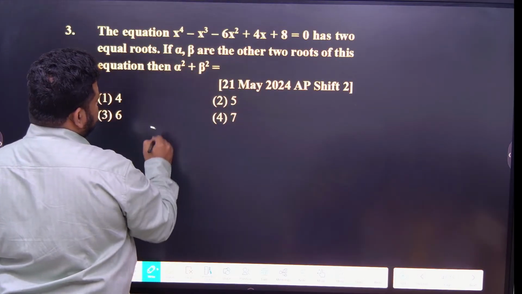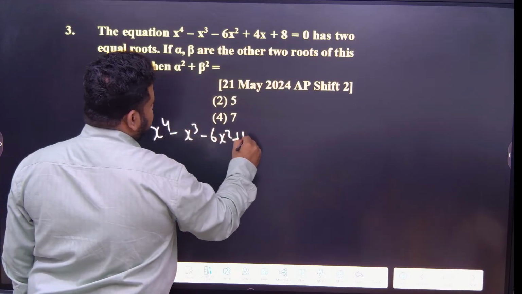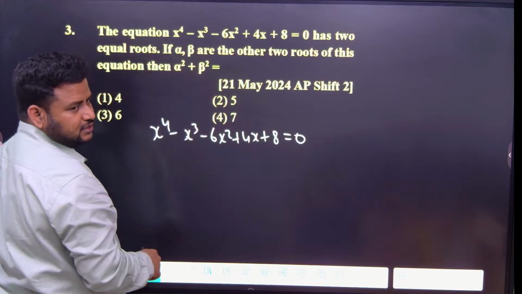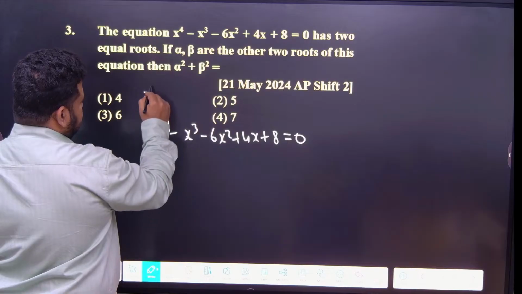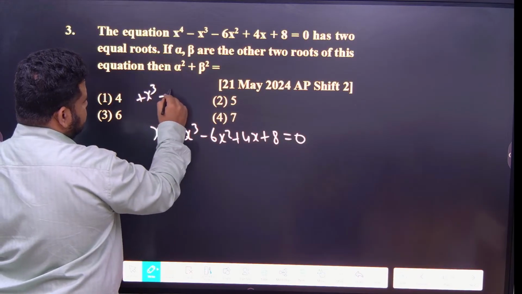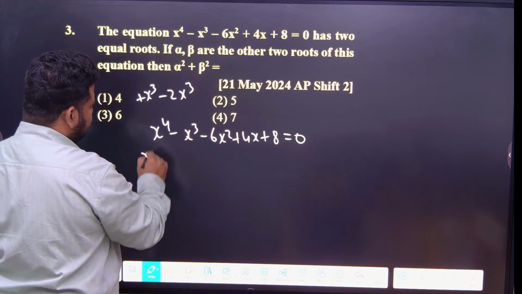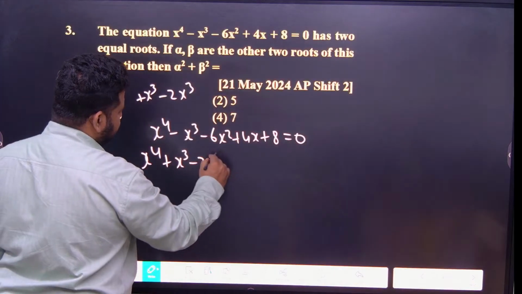So what we can do, x power 4 minus x cube minus 6x square plus 4x plus 8 is given. See, this x cube I can write as plus x cube minus 2x cube, yes or no? So x power 4 plus x cube minus 2x cube.